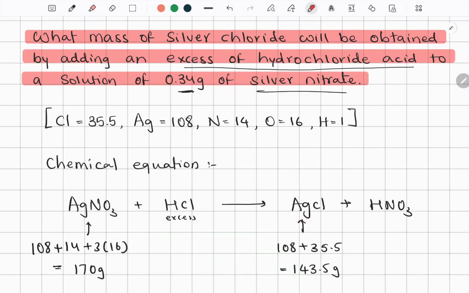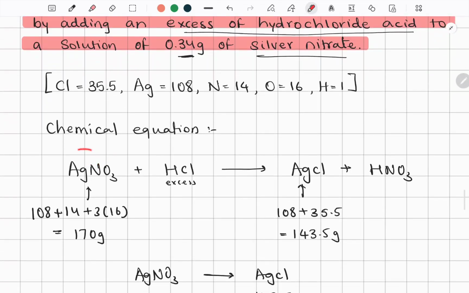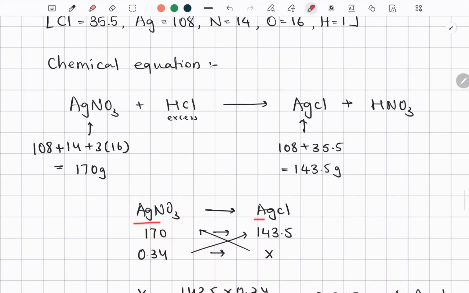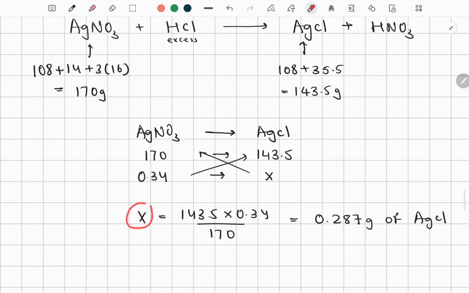Then we calculate the molecular weights of the compounds given. By the unitary method, if 170 gram of AgNO3 gives 143.5 gram of AgCl, then the given mass, 0.34, would give X. We solve for X, and that is our answer, 0.287 gram of AgCl.